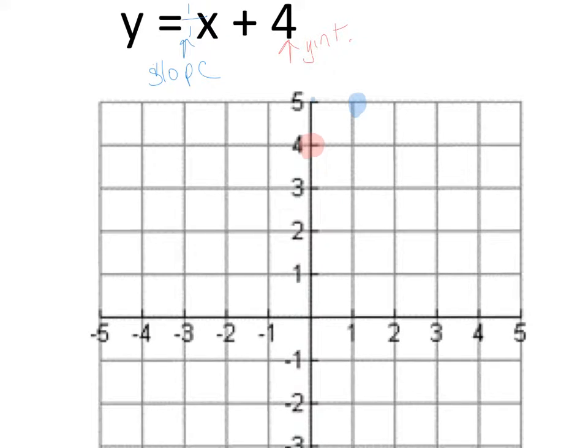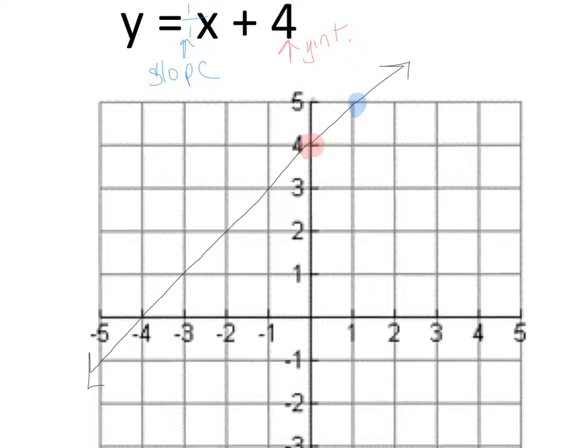Now we make sure that we go through the points and extend a line with arrows on either end, going through both of them. You're going to be using your straight edge so that yours looks a little bit straighter than mine. And ta-da! That's how we graph the line of y equals x plus 4.